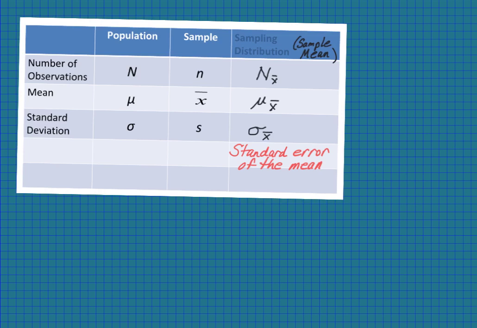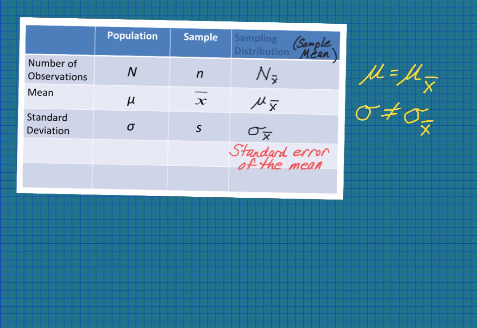And as you ran the simulations on that website, and as I ran them, we could see that the mean of the population was the same as the mean of the sampling distribution. However, if you remember, the standard deviation of the population did not equal the standard error of the mean. The standard error of the mean was less than the standard deviation.